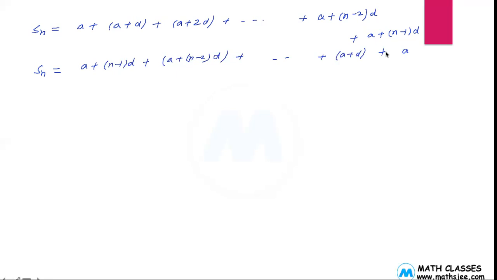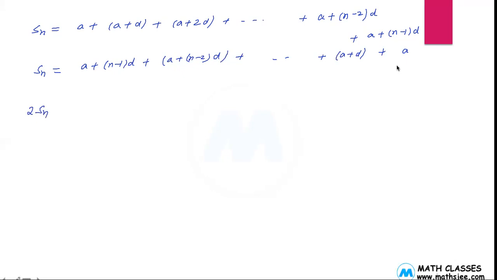Now if we add both of these equations, adding terms correspondingly in the manner that we have seen, we can make use of the things we have studied just now. This becomes twice of Sn.